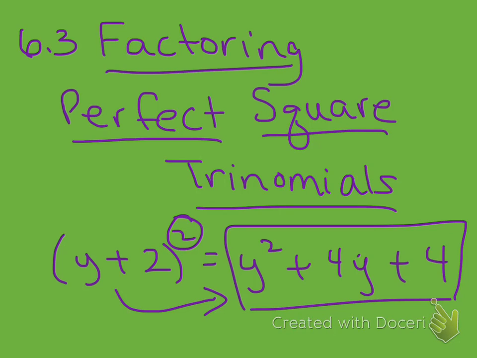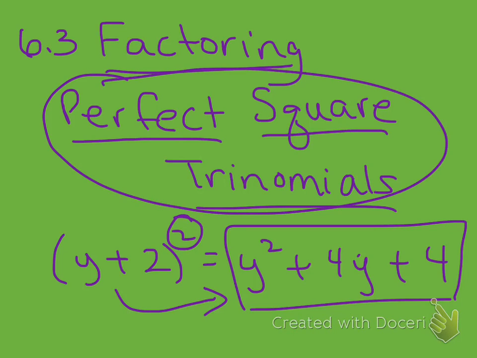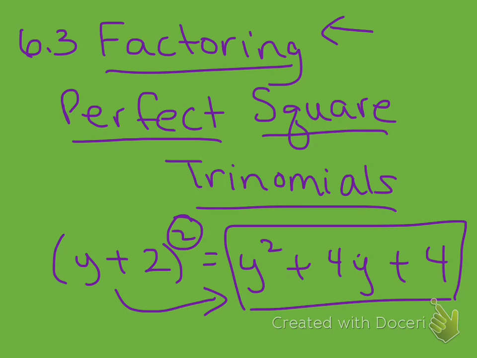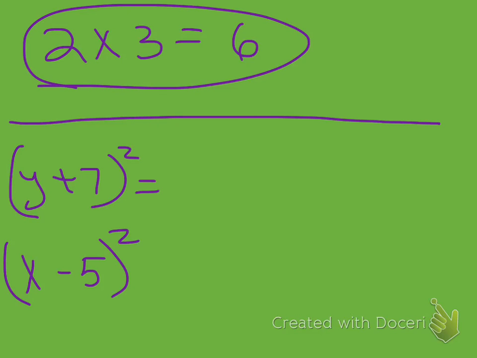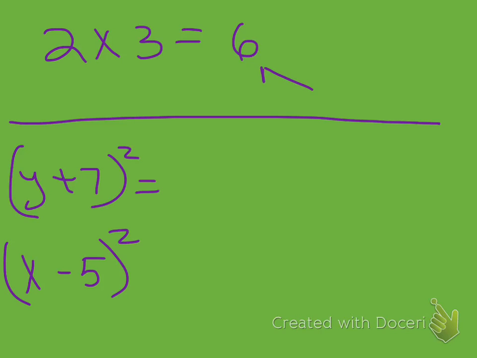So now that we know what a perfect square trinomial is, let's break down what factoring means, okay? When you were in elementary school, you multiplied 2 times 3 equals 6, and you learned the name for the 6 was the word product. You also, I hope you remember, that the word for the 2 and 3 that were multiplied were the factors.